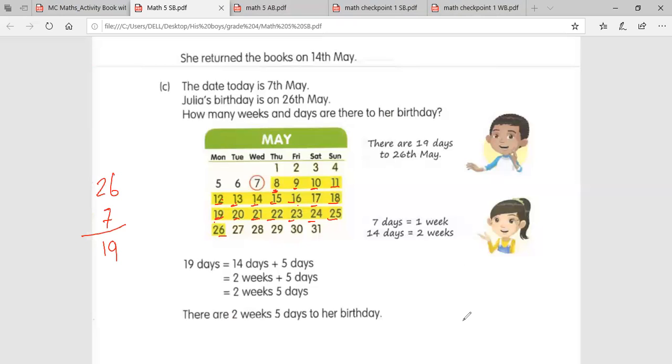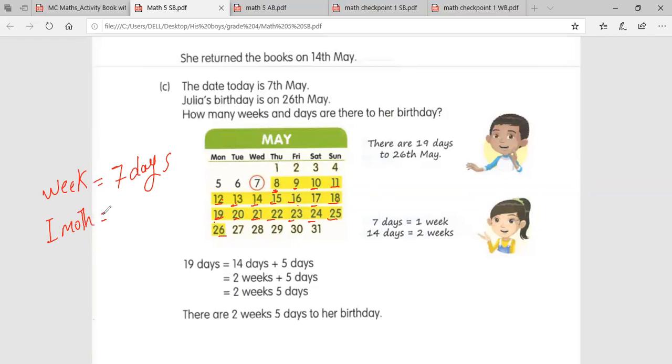19 days equals 14 days plus 5 days. How do we know? You know that 1 week equals 7 days, and 1 month is about 30 days.